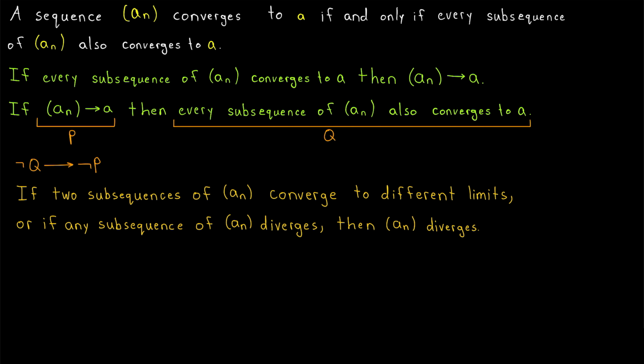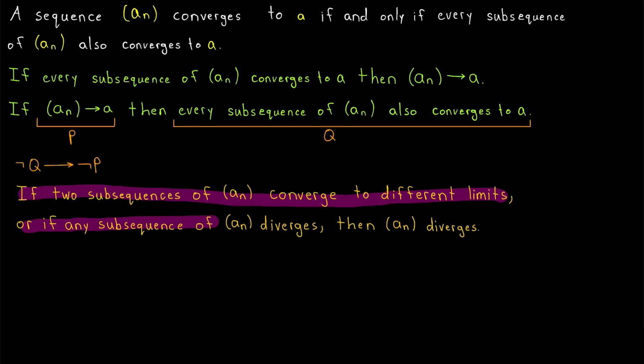But another way Q could be false is if any subsequence diverges. Again, Q says that every subsequence converges to the same limit, so if any subsequence diverges, well, that would also make Q false. So in total, the contrapositive is: if two subsequences of a_n converge to different limits, or if any subsequence of a_n diverges, then a_n itself diverges.